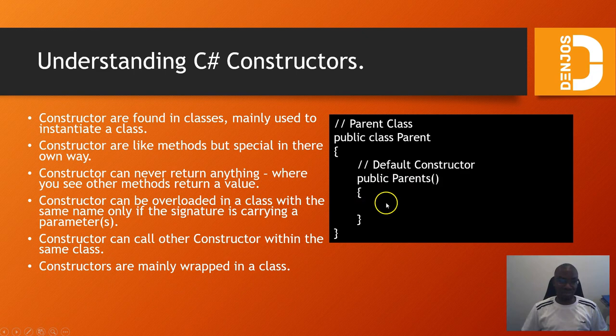It never returns anything, and it has curly brackets, an open tag and a close tag. That's what a constructor is. That was a long talk. So now let's go write some code.